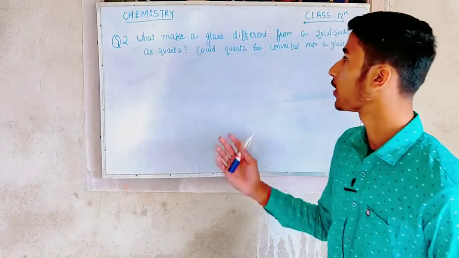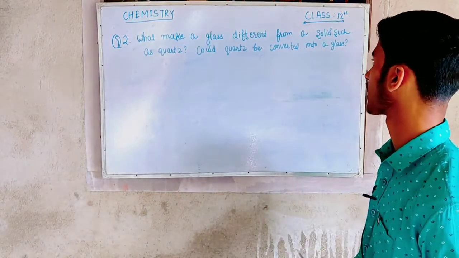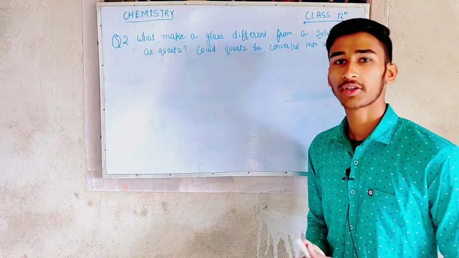The next question is: what makes a glass different from a solid such as quartz? Could quartz be converted into a glass? This is more important from your exam point of view.